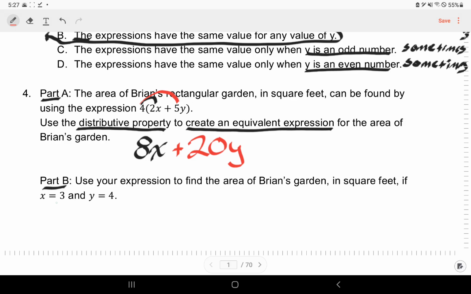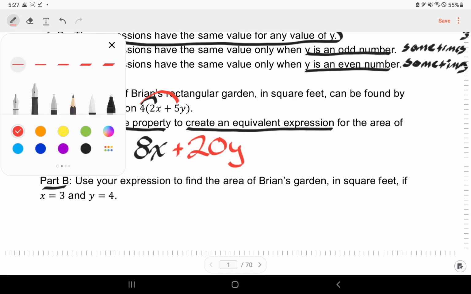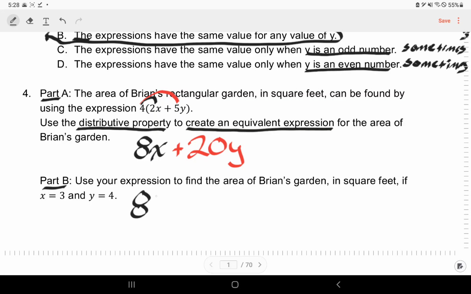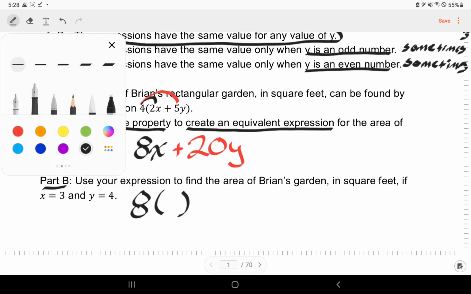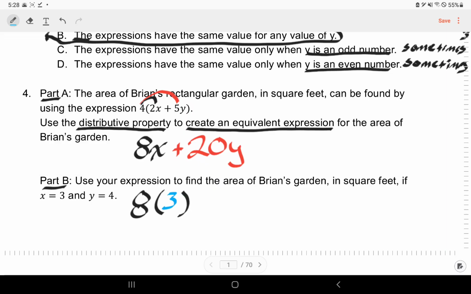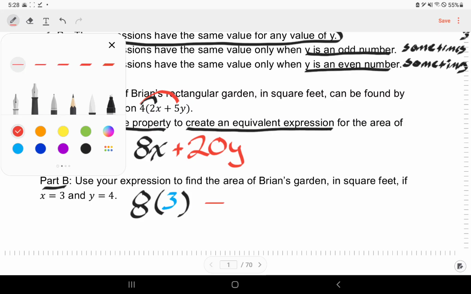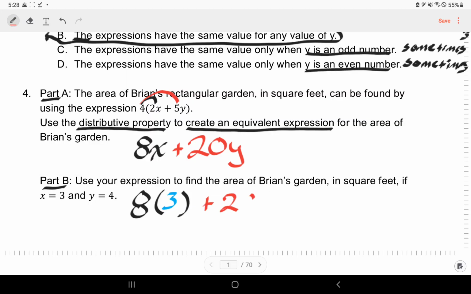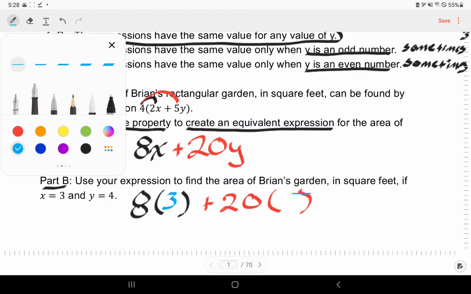And then it says x is 3, y is 4. So we plug that in. So we do 8 times 3 plus 20 times 4.